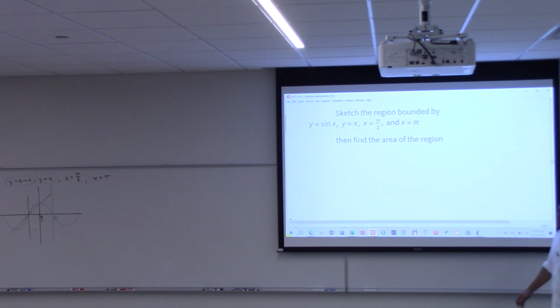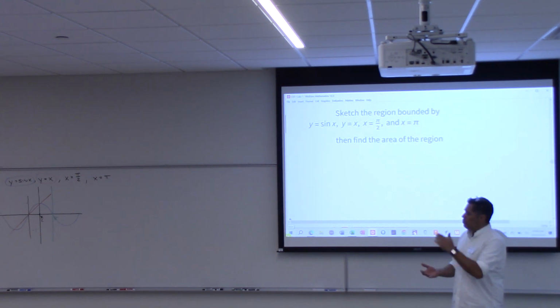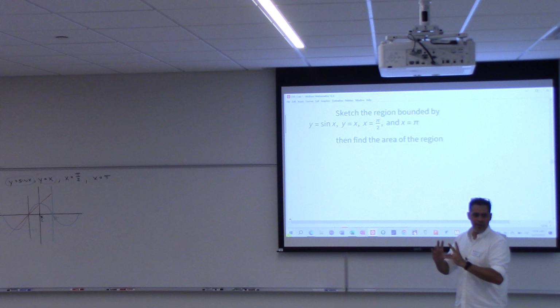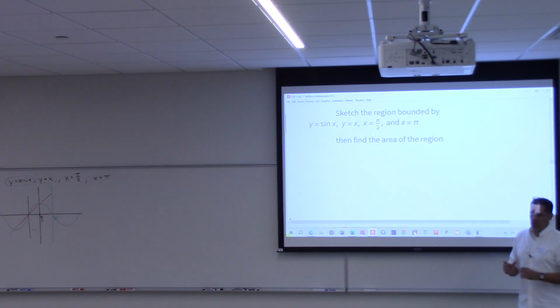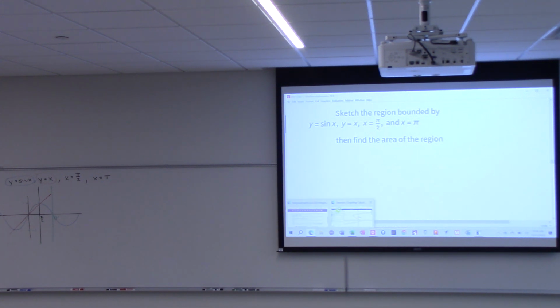I'm looking to see if there's an area where the red, blue, green, and black enclose a region. I need all 4 of those curves to be enclosing something. And don't trust my picture because I don't know how accurate it is. I just drew it by hand.